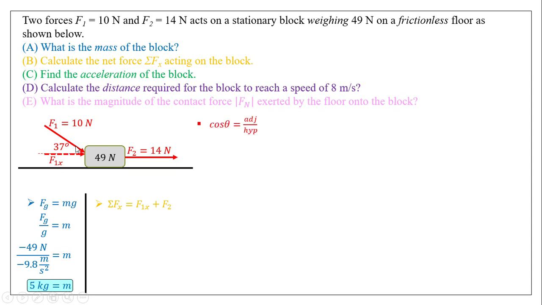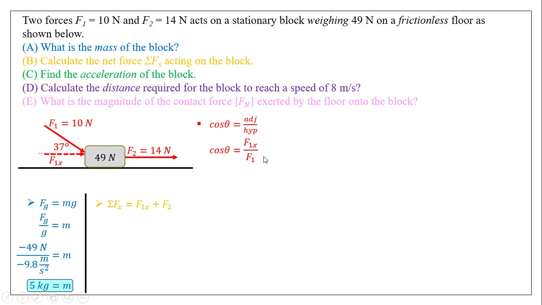By definition, F1x is the adjacent leg to this angle of 37 degrees. Because it is adjacent, we use cosine. Cosine is adjacent over hypotenuse, and my adjacent in this case is F1x. Once again, hopefully your geometry is solid here. This is your adjacent leg to this 37-degree angle, and the hypotenuse in this diagram is the diagonal, which is called F1.